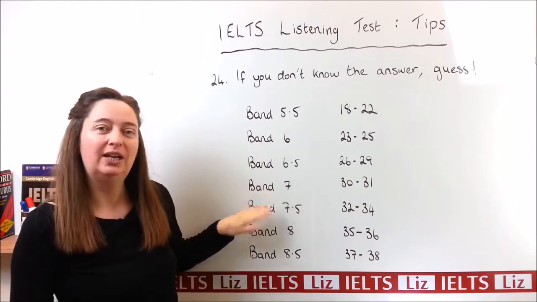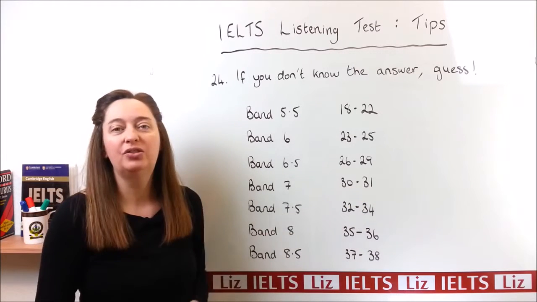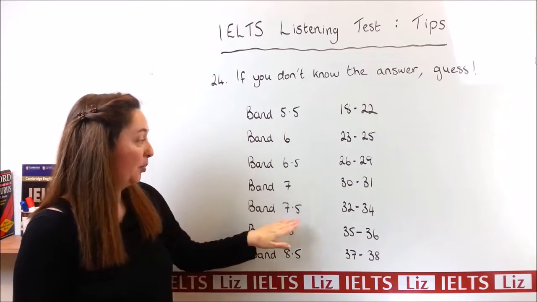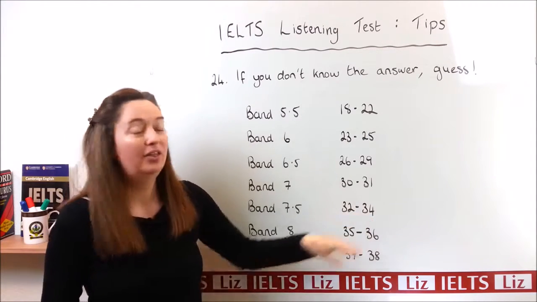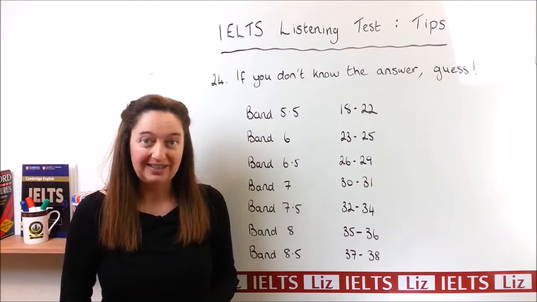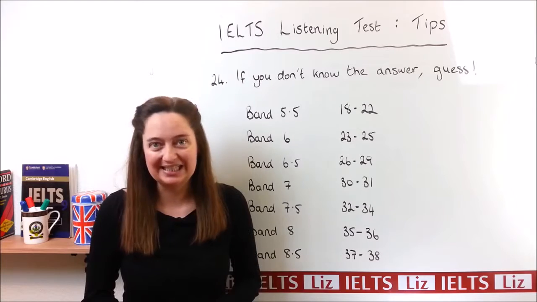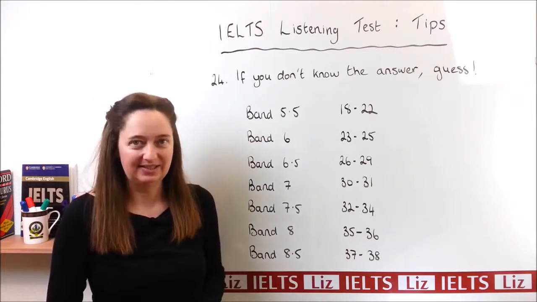So if you're looking for band score 7, you will need to get 30 or 31 answers correct. And to get 7.5, you need 32, 33 or 34 answers correct. So what you can see is it is all about the number of correct answers.